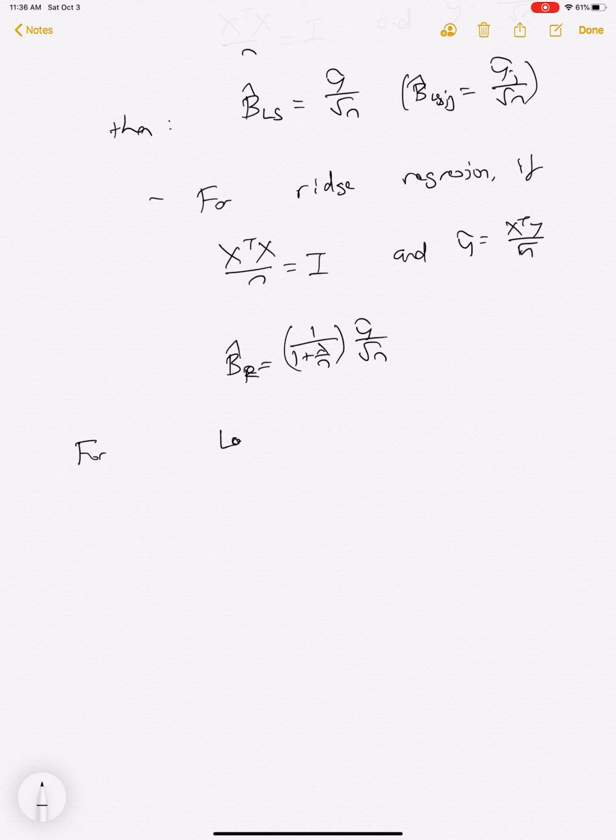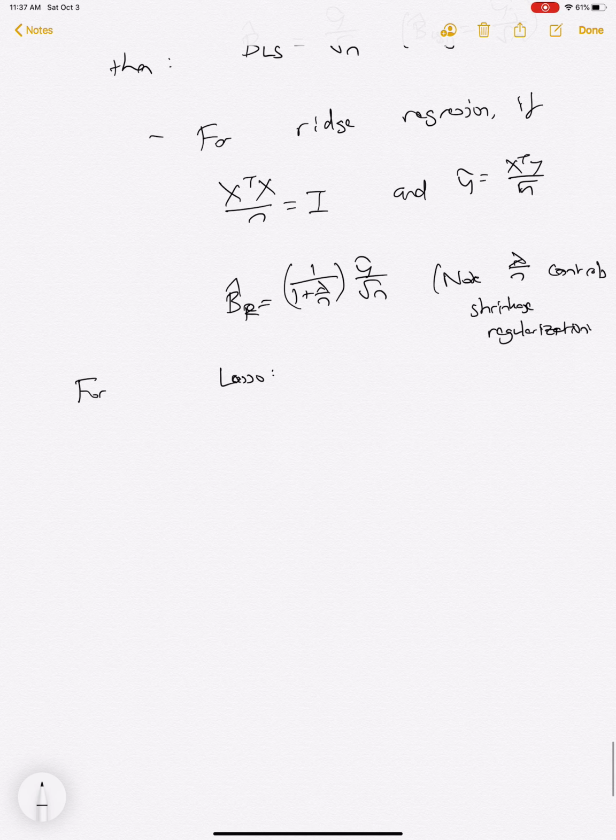And so for the lasso, note that lambda over n controls shrinkage or regularization.